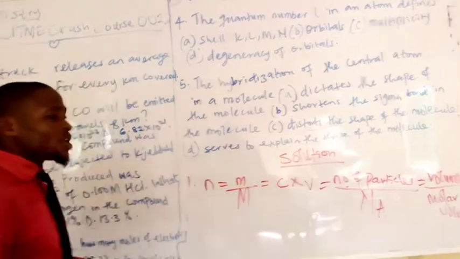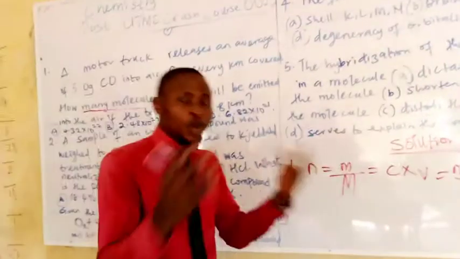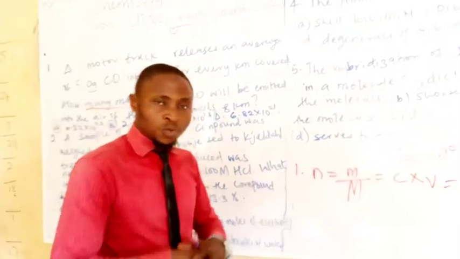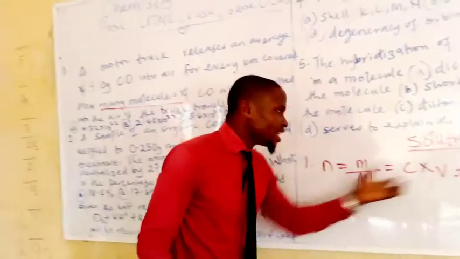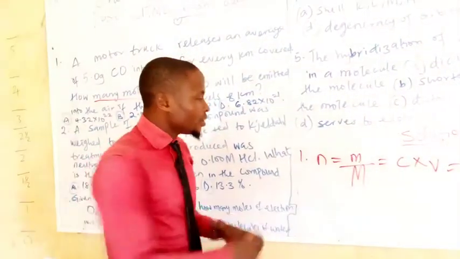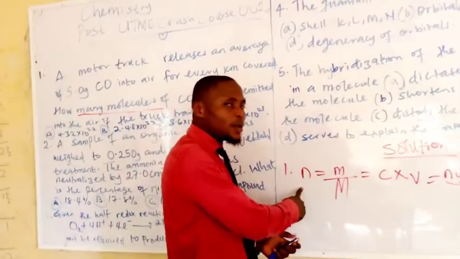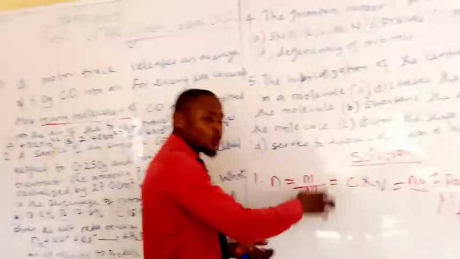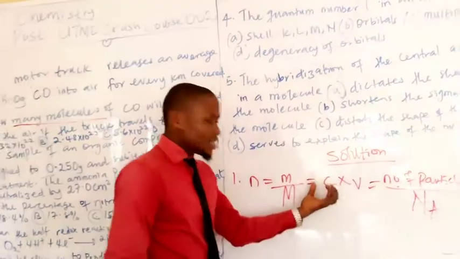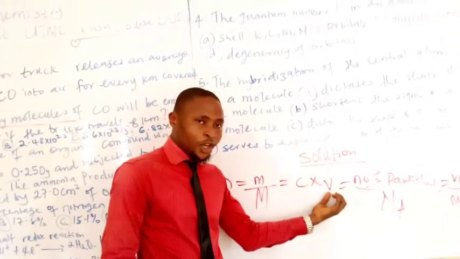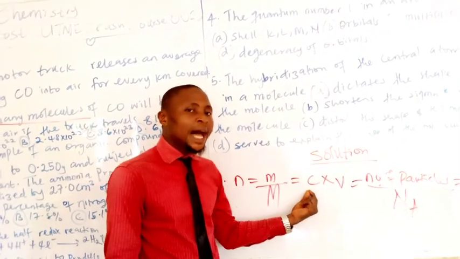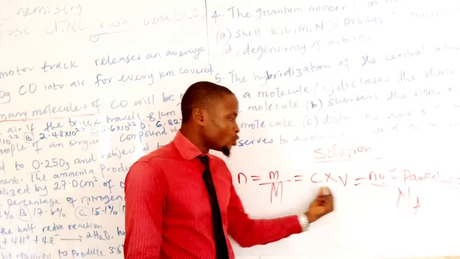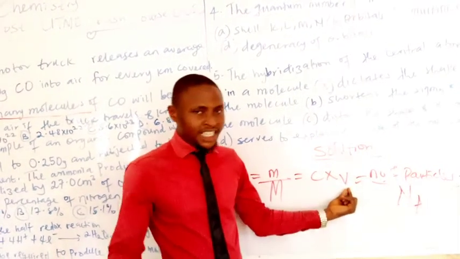When you want to solve questions that are related to number of molecules, which by virtue of the question, you can use either of these 4 formulae. Number of mole is mass over molecular mass. The same thing as concentration times volume. Believe you me, if the concentration is in molar, that is to say mole per dm³, the volume must be in dm³.